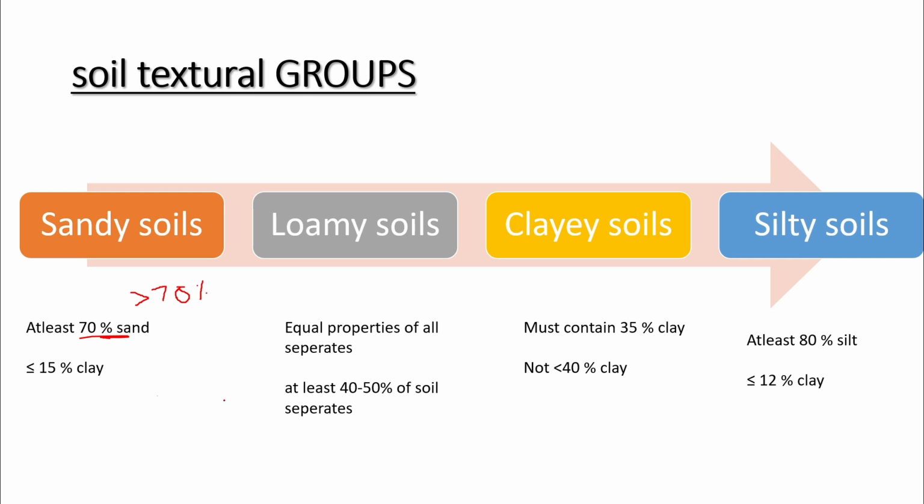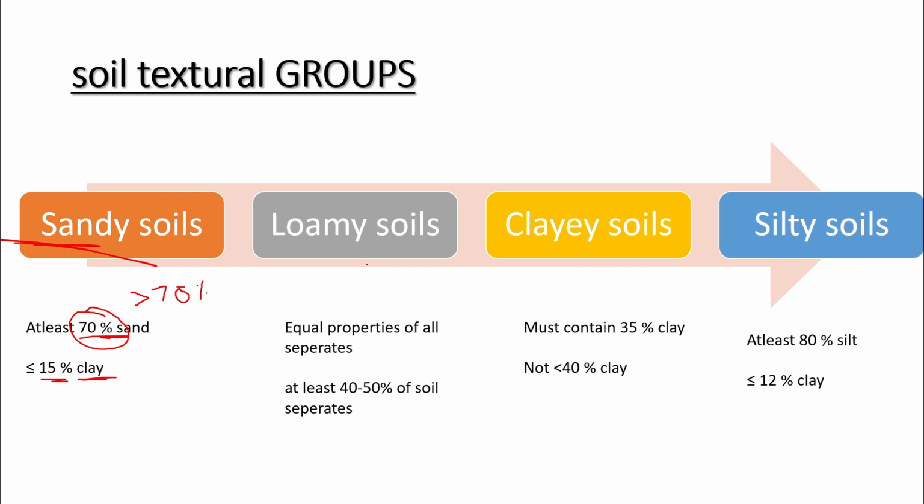Then when we come to the clay content, it contains less than or equal to 15% clay. You look, the clay percentage is very small, less than 15, but the sand percentage is greater than 70. Hence, we will call it sandy soil. So if a soil has at least 70% sand, it is sandy soil.